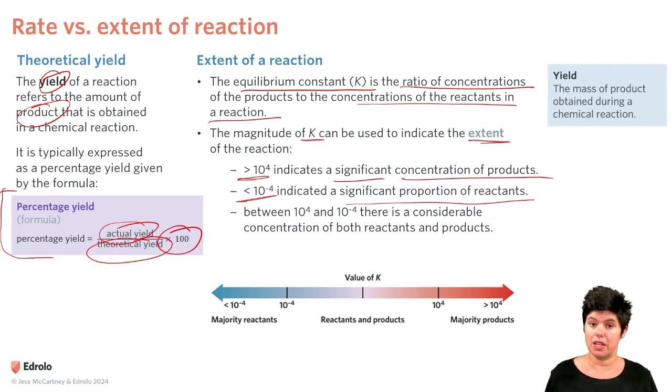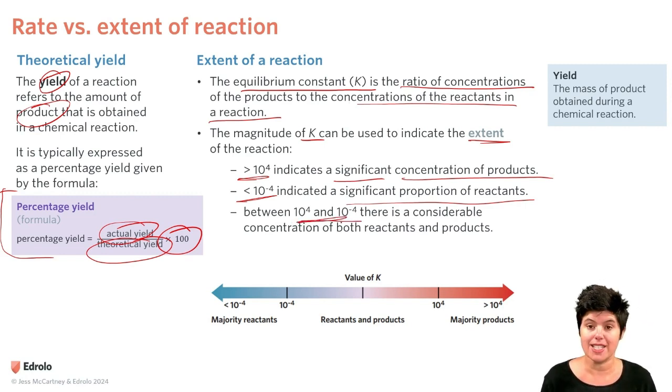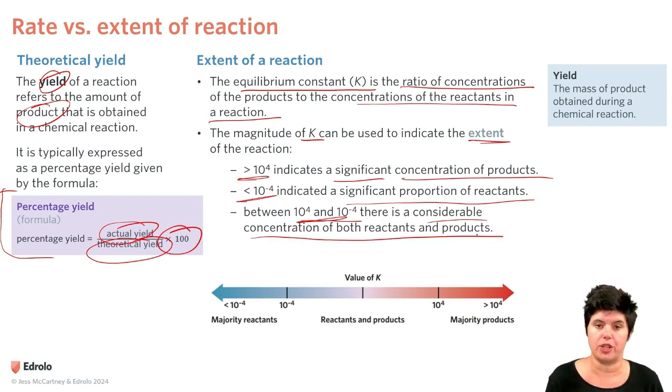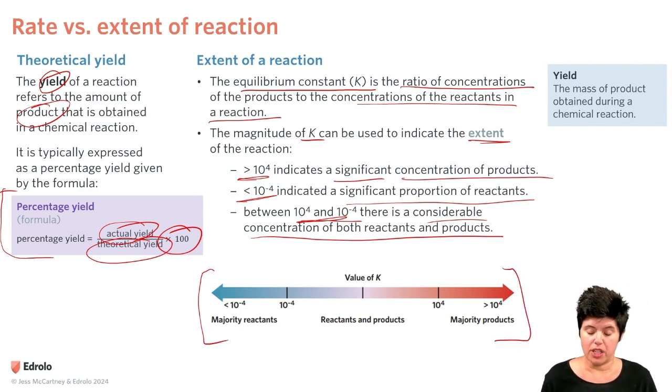Some products may have been produced, but there are more reactants in this reaction than products. If it sits between 10 to the 4 and 10 to the negative 4, then there's considerable concentration of both reactants and products. So it's quite equal in terms of where the equilibrium sits. This is a nice diagram to put into your notes, showing this visually.